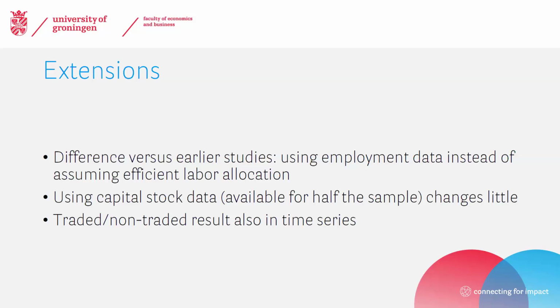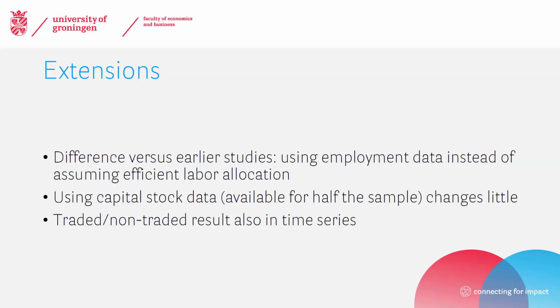But this distinction between traded and non-traded also seems to work quite well in the time series context. So in our paper, we look at specifically data for the US over the longer term, and there too, the traded services show similar productivity growth as the goods sector, excluding ICT. ICT is in a league of its own.